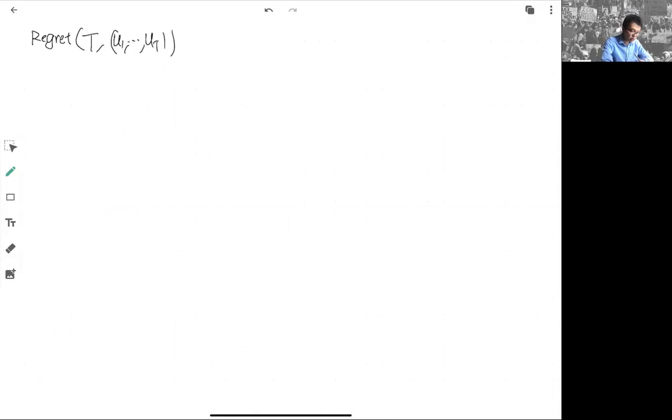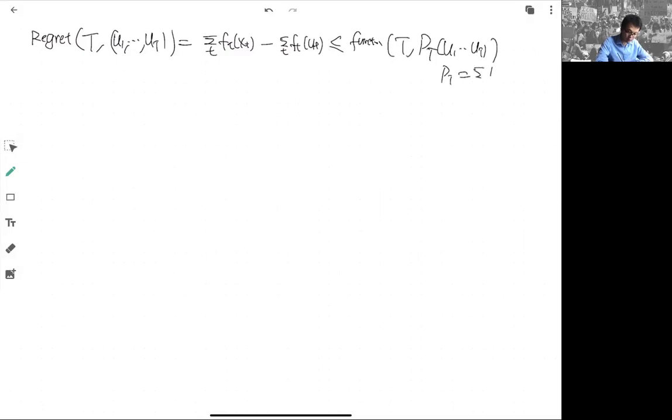So this is equal to, again, the sum of ft xt minus ft ut. And you want to bound this using some function of T and the path constraint of u1 to uT. In this case, PT is equal to the sum over t of the norm of ut minus ut minus 1.